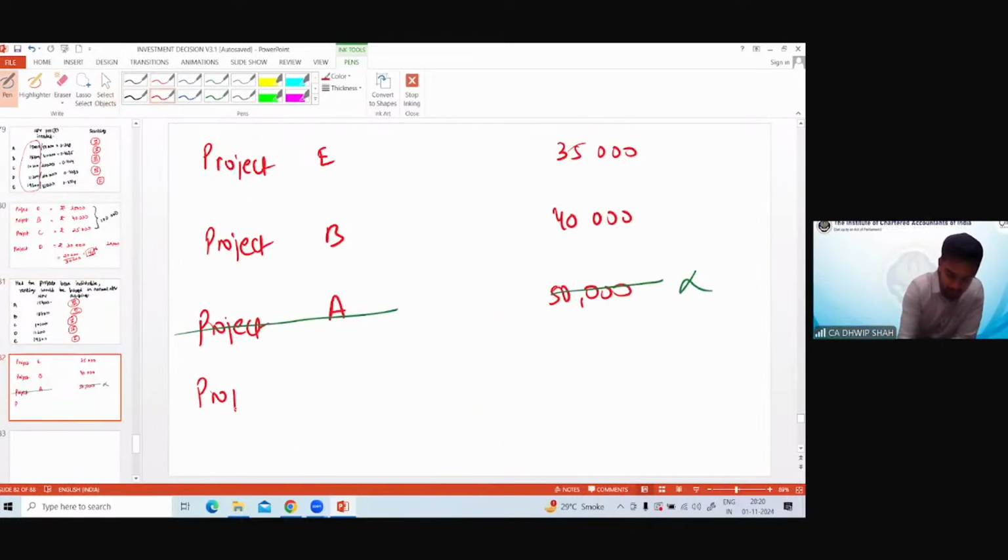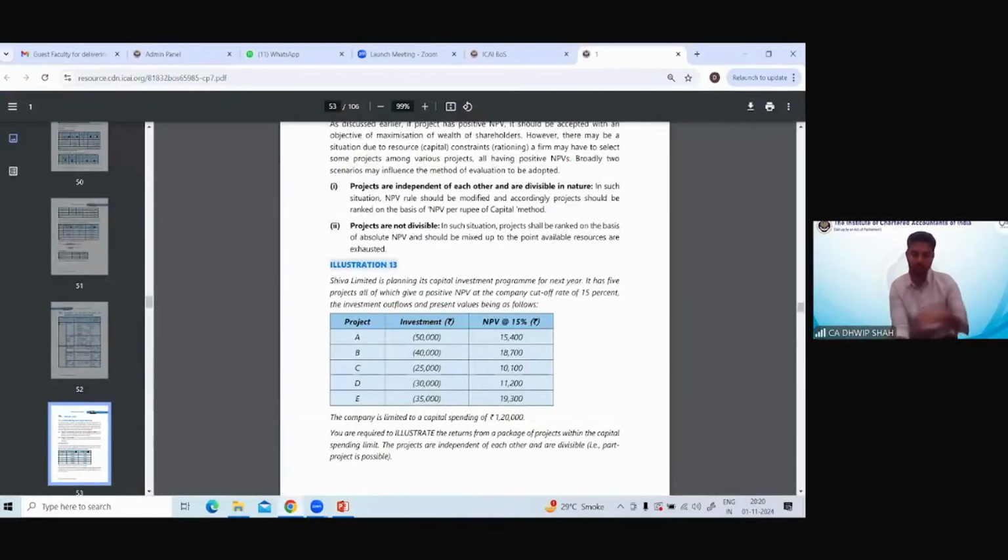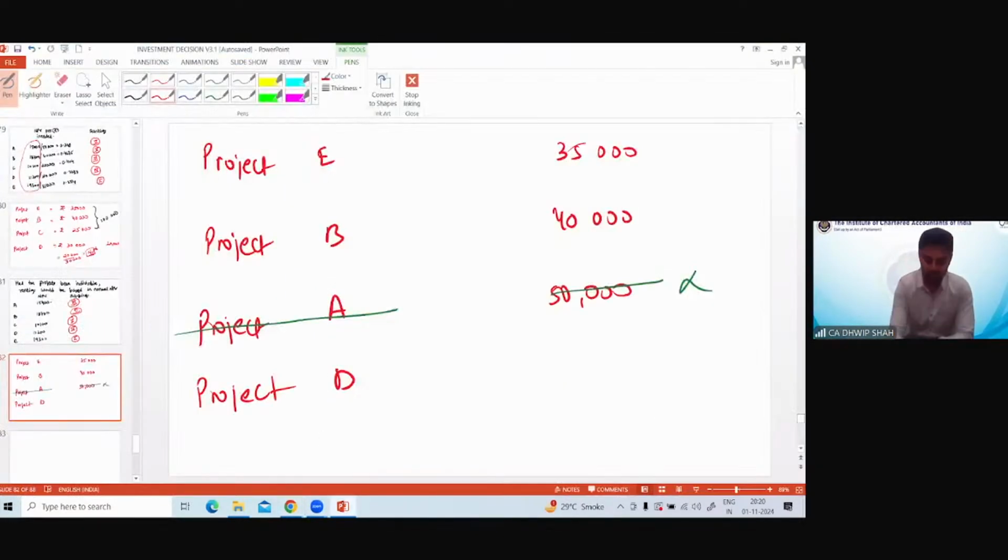How much fund is needed for project D? 30,000. Can we take project D entirely? Yes. 35 plus 40, 75, plus 30, so 1,05,000. Yes or no?